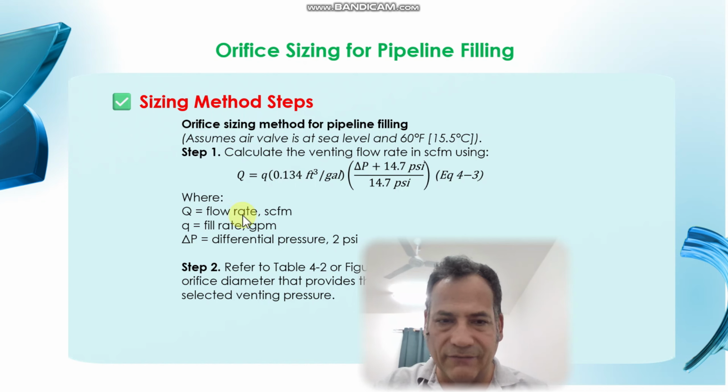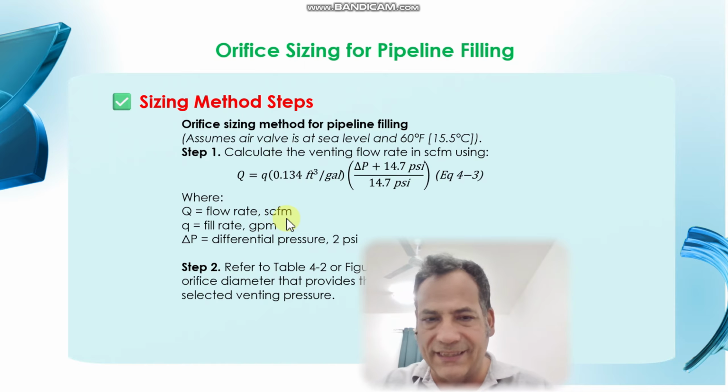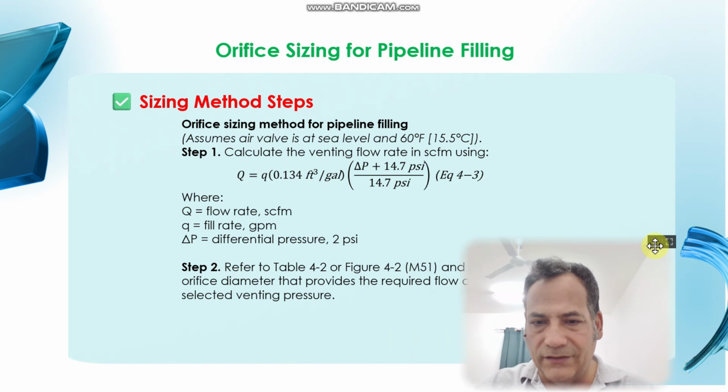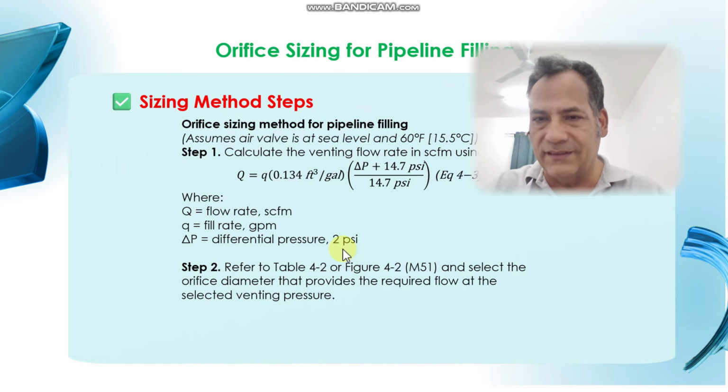Here Q is the air flow rate, and the unit is SCFM. Small q is the fill rate in gallons per minute, the water flow rate, and we have delta P here, the differential pressure. Normally we consider 2 psi. This is the standard.